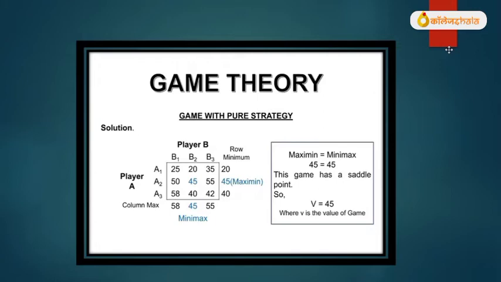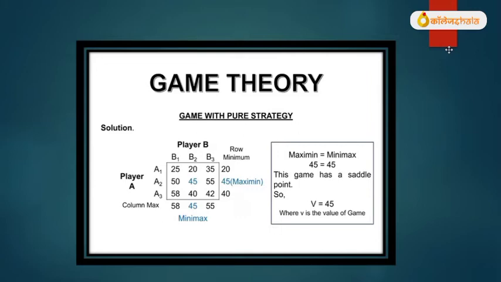Now if we talk about the columns, for B1 we have 58, which is the maximum of 25, 50 and 58. Which one is greater? 58. Similarly for B2, 20, 45, 40. Which one is greater? 45. And similarly for B3, we are getting 55 as the maximum. So we are done with the column maximums.